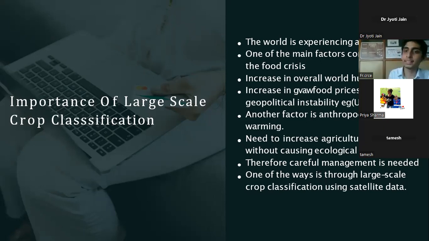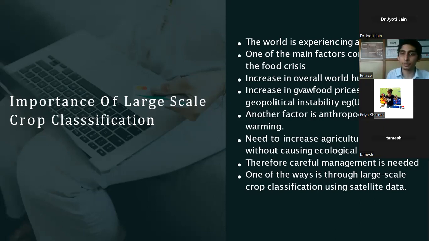By geopolitical instability, such as the war in Russia and Ukraine, and also by anthropogenic climate change. Because of this hunger, we face a dual challenge, both of increasing our agricultural output and of reducing our emissions. To do so is extremely challenging because all the available farmland is currently located in the tropics, and conducting deforestation in the tropics will result in increased emissions and affect the biological sphere of the earth.